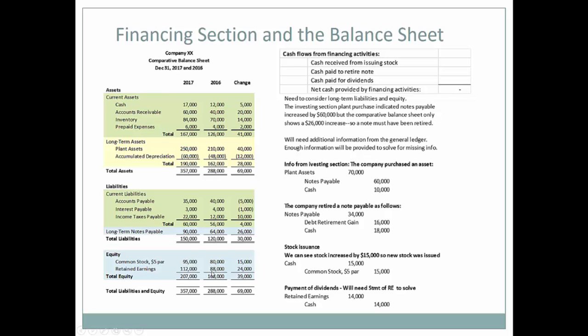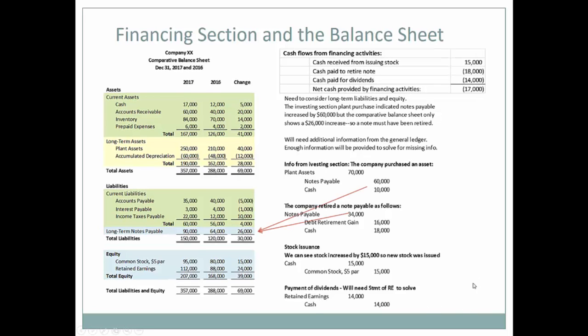You would have net income from the income statement, so beginning retained earnings plus net income, from which you would subtract any dividends, and that would yield ending retained earnings. So by backing into the missing piece, you can determine the amount of your dividends. So our dividends were $14,000.